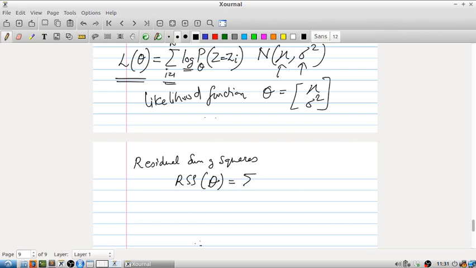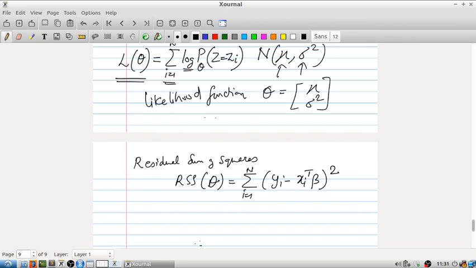It's the sum over i equals 1 to n of yi minus xi transpose beta, squared.